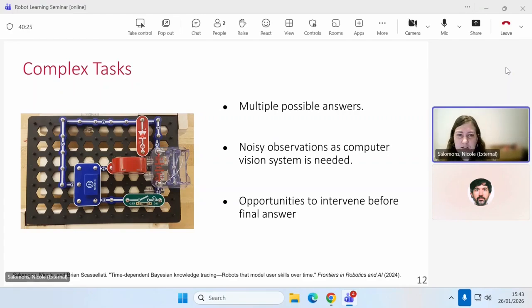So that's why today I presented to you an algorithm that I created several years ago called time-dependent Bayesian knowledge tracing, where we update Bayesian knowledge tracing to account for a lot of these more complex real-life tasks that robots might be interacting with real users in real environments.